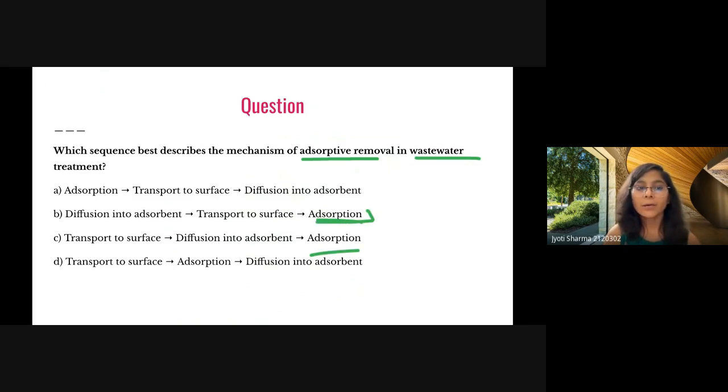So among B and C only you will have some answer. Then first you have to have transport to the surface, then there will be diffusion into adsorbent, and then it will be adsorbed. So this is how it will move on. So the sequence will be C, not B, and A and D are not the right answer, because the last step will be the adsorption.